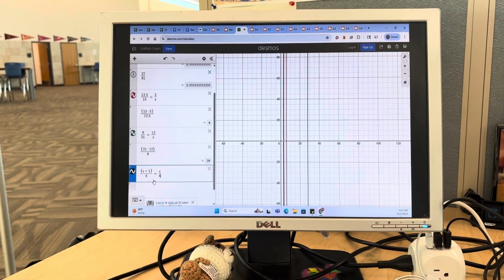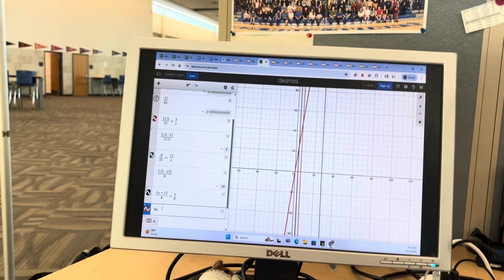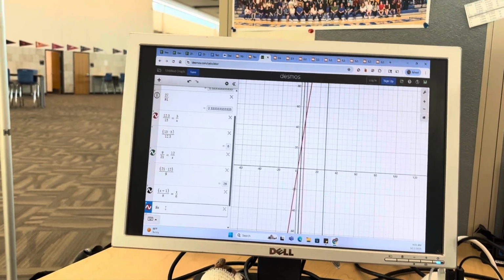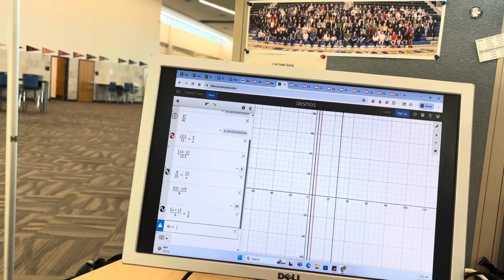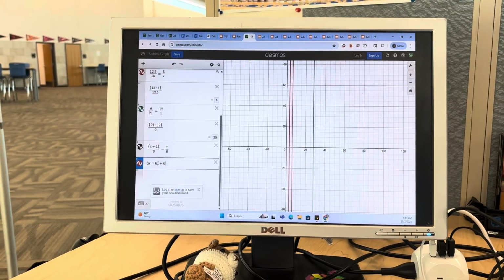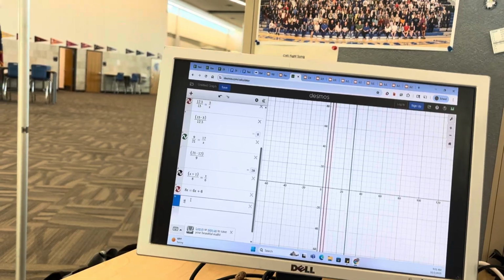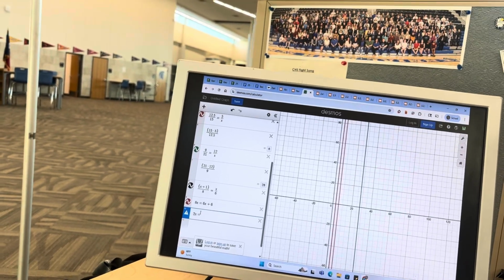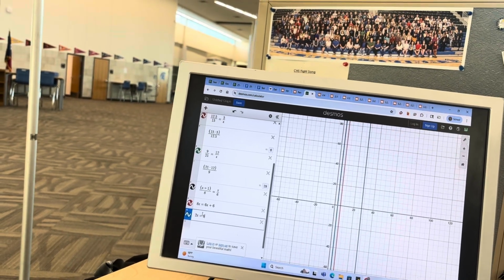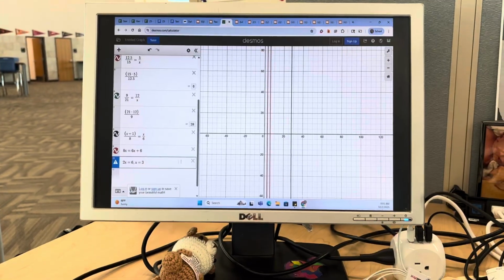Okay, so this is 8 times X, that's 8X. This is 6 times X plus 1, and that's equal to 6X plus 6. So when I go to solve that, I subtract the 6X from both sides. I end up with 2X is equal to 6, meaning that X is going to be equal to 3.